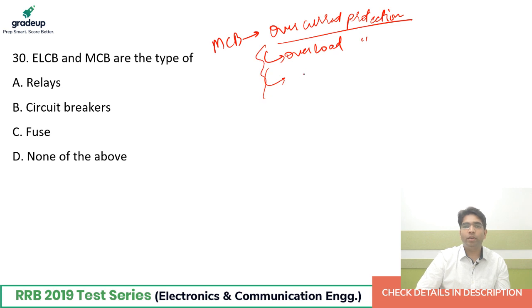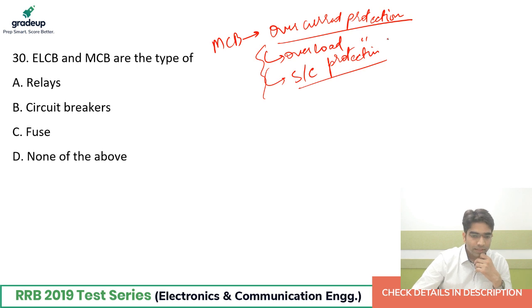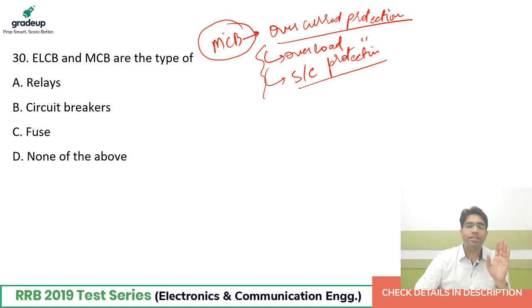In overcurrent you can say overload protection as well as short circuit protection. So you have to remember one thing of MCB, that is MCB is miniature circuit breaker. It is given in your syllabus, so from the definition point of view it is very important, and it is used to protect from overload as well as from short circuit. Keep this thing in mind.